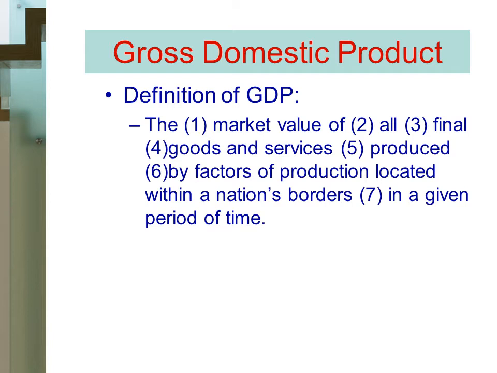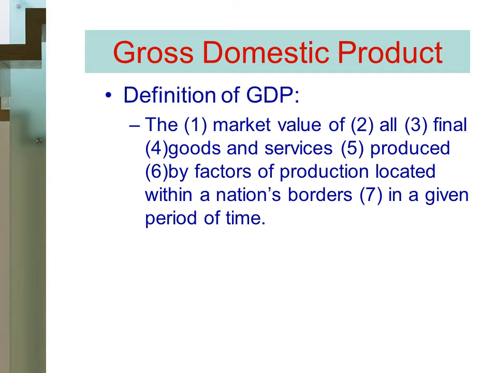We don't count the value of the transmission and the engine and the computer system and the tires and the seats. If we did, we would overstate GDP for the year. We would overstate economic activity. So it's the market value of all final goods and services.